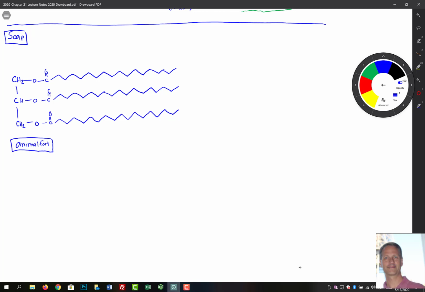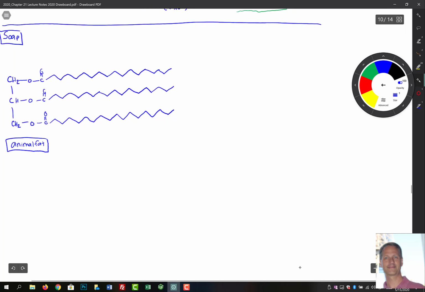So then what happens in the course of this reaction is we're going to take this and add excess sodium hydroxide, so Na+ OH-. Now what we're going to get is this part of the molecule coming off and that part of the molecule coming off too. There's three of them, so it'll be three separate pieces.